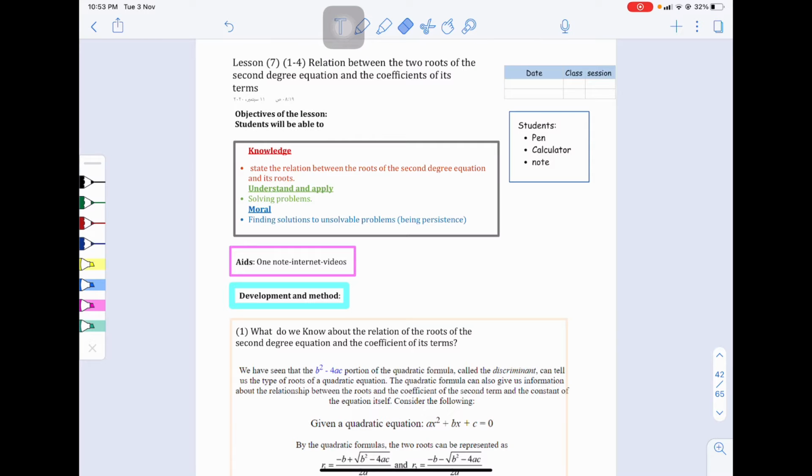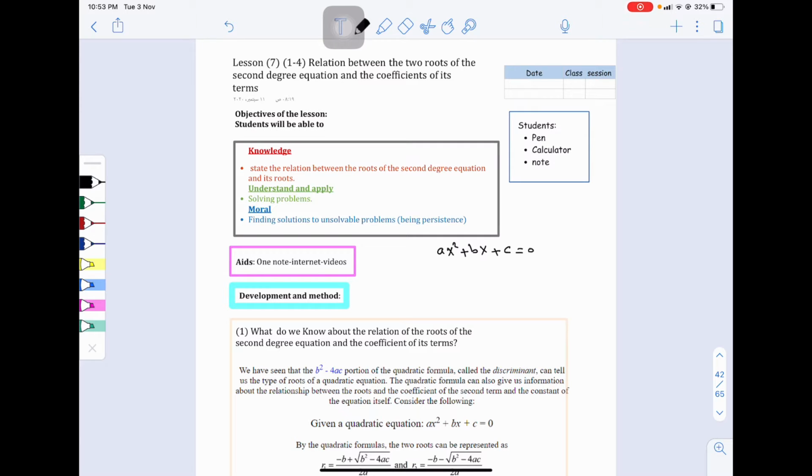Hello my students, our lesson today will study the relation between two roots of the quadratic equation. We know the quadratic equation in the standard form is ax squared plus bx plus c equals 0.